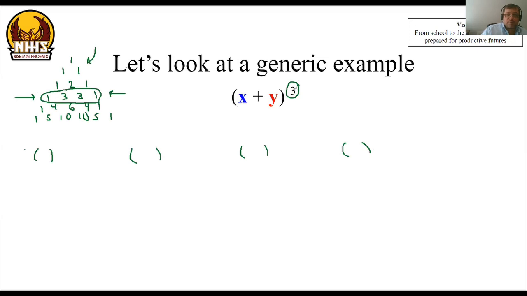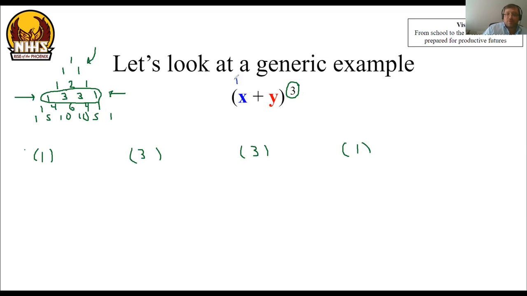If that exponent would have been a 4, this would have been the row. If that exponent would have been a 5, this would have been a row, and so forth. So I first put Pascal's numbers. Here's 1. Here's 3. Here's 3. And here's 1.